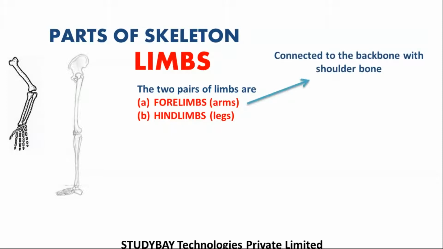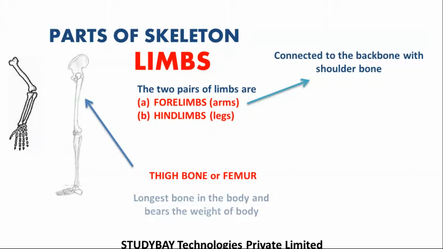The forelimbs are connected to the backbone with the shoulder bone, and the hind limbs are connected to the thigh bone or femur. This femur is the longest bone in the body, and it bears the weight of the body.